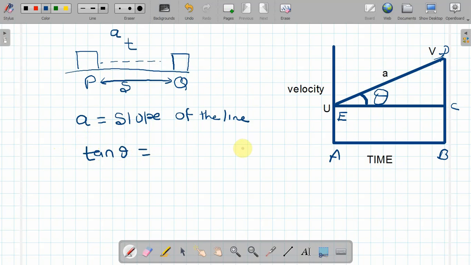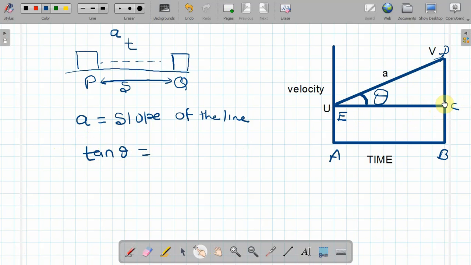Now tan theta from this triangle, that is, we are talking about C, D and E. So tan theta as per the trigonometrical function is defined as perpendicular divided by base.